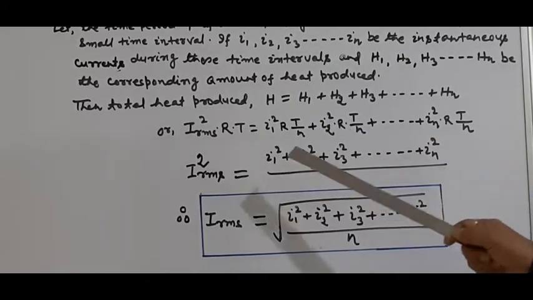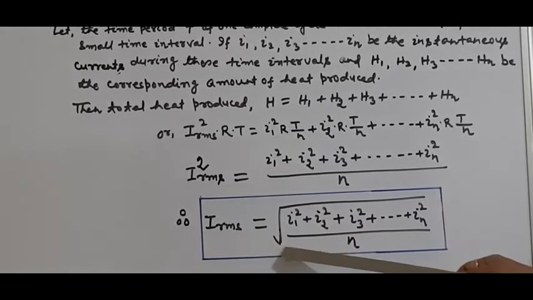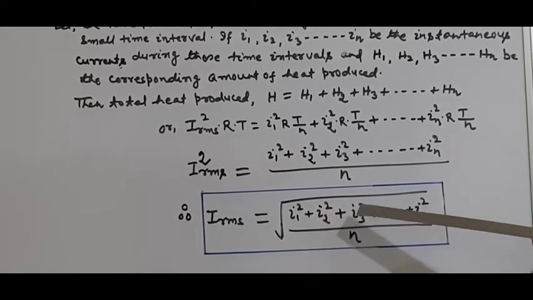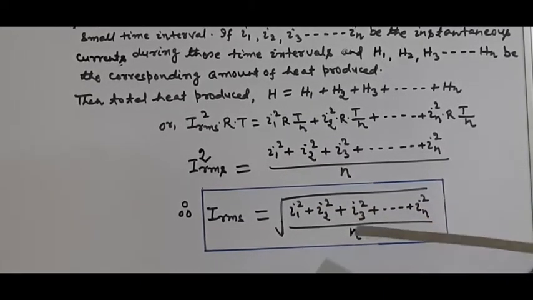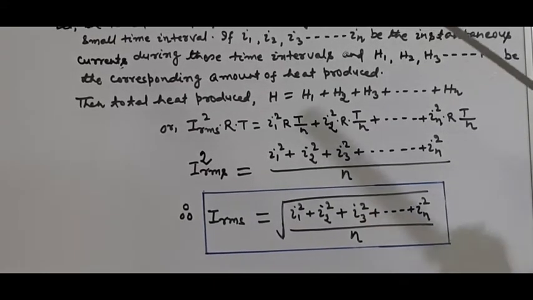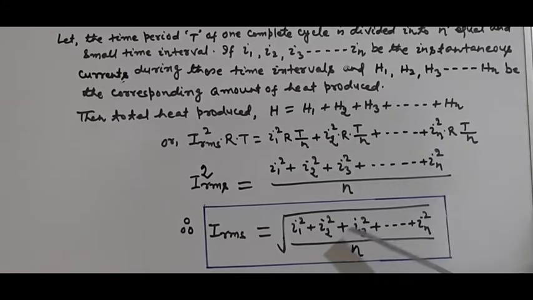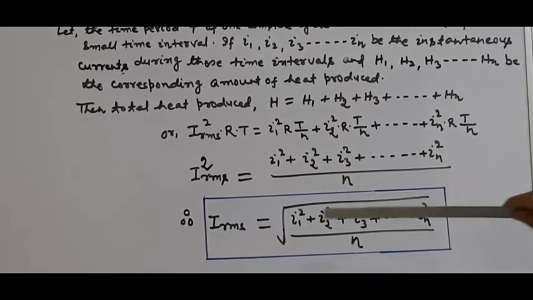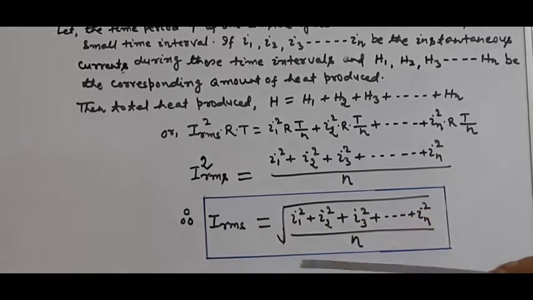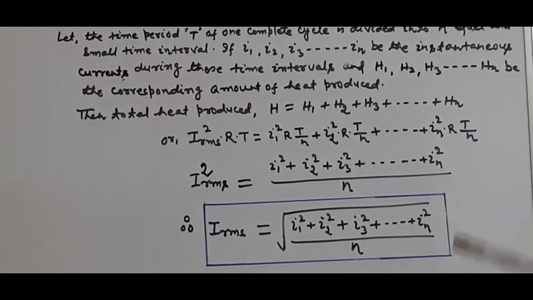So finally we get I_RMS is equal to the root of (I1 square plus I2 square plus I3 square ... plus In square) by n, where I1, I2, I3, ..., In are the instantaneous currents in the different small time intervals. So this formula also gives the RMS value of AC in terms of the instantaneous currents, and with the help of this we can solve the numericals.